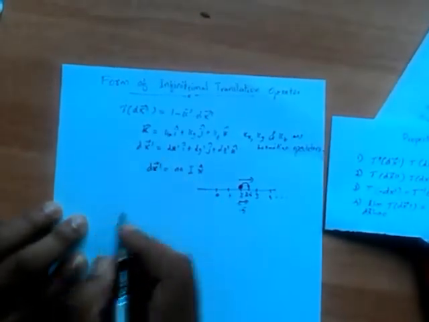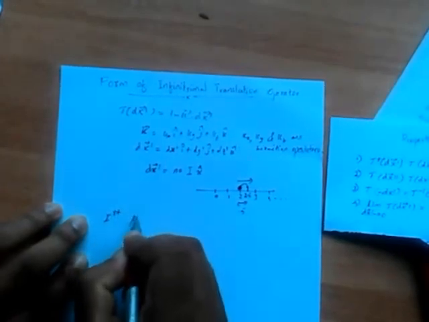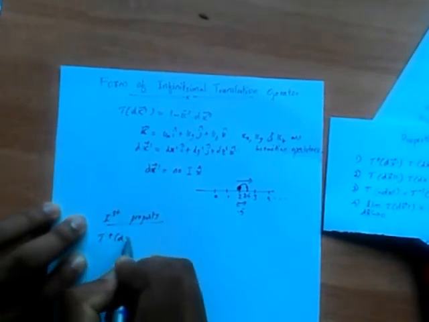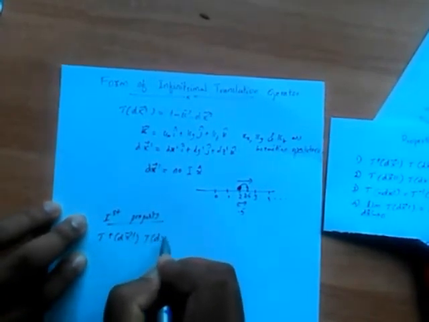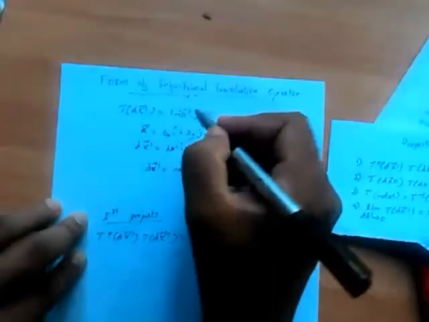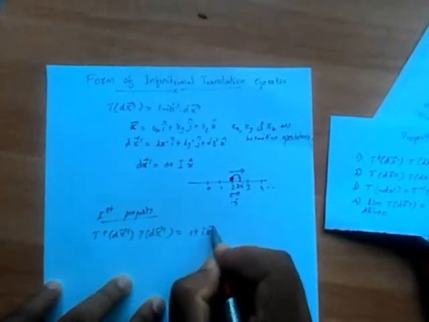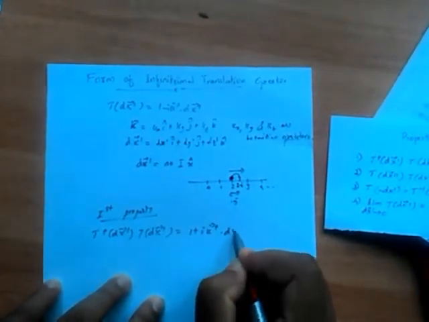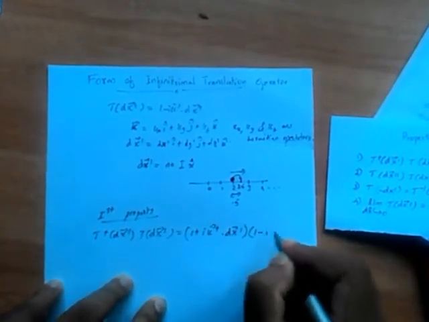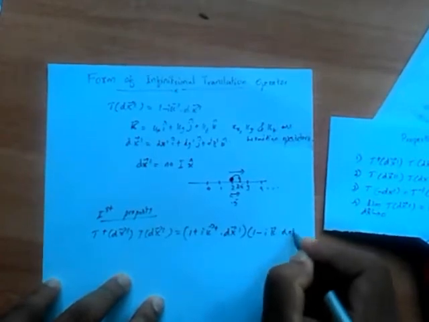So T dagger(dx') T(dx') = (1 + i k dagger · dx')(1 - i k · dx'). Sorry, there is an i I missed out.